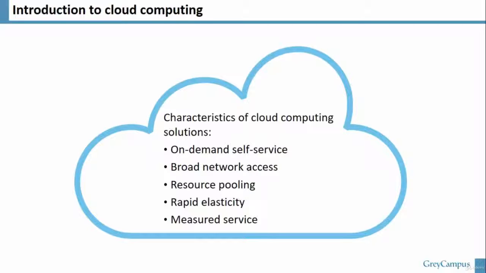The next characteristic is rapid elasticity, and it is one of the most important characteristics. Why? Because cloud services scale dynamically to obtain additional resources from the pool as workloads intensify, and they release resources automatically when no need for them exists. This means that if, for example, I'm creating a website and hosting it on the cloud, for example, twitter.com.